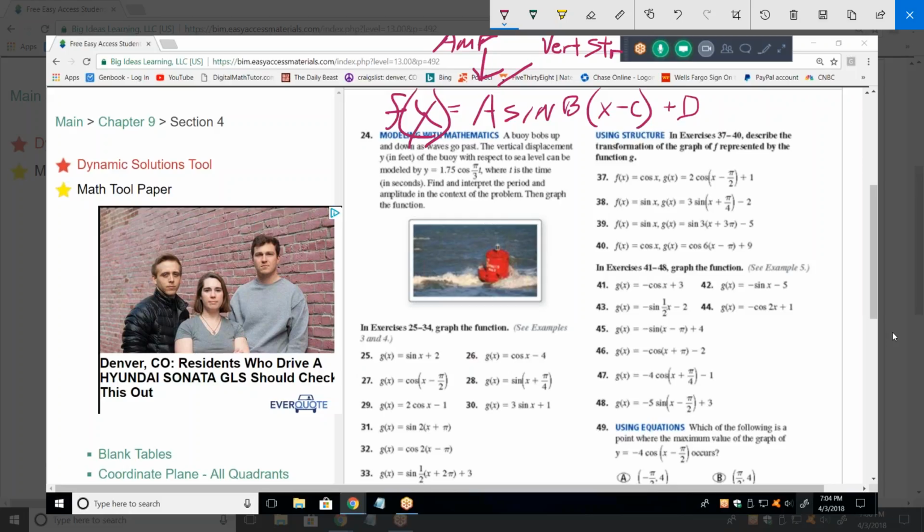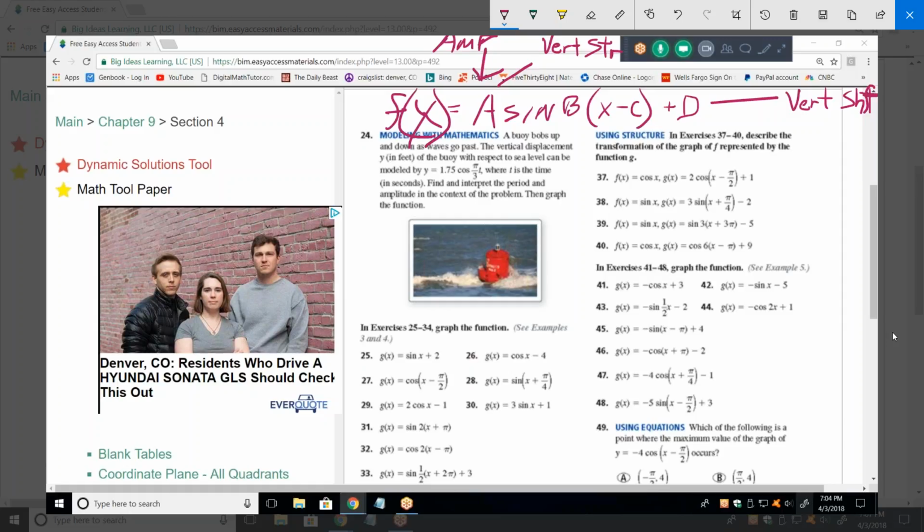Okay, let's look at B. Actually, let's look at the next easiest one, which is D. What do we call D in algebra? It's a vertical shift. It's a shift because it does not change the shape of the graph, because all it changes is whether it's moved up or down.